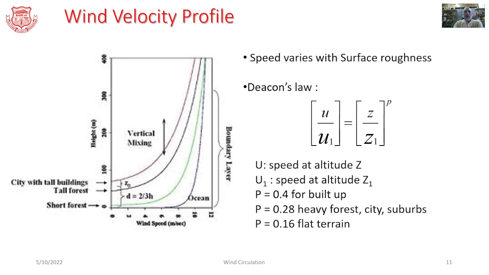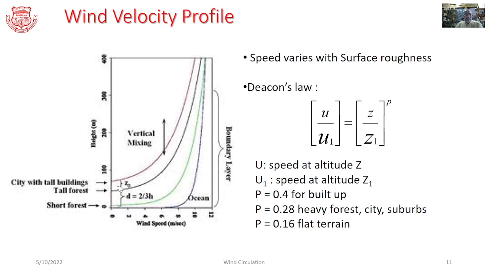However, as we think of the presence of structures, the presence of trees, the presence of some greenery, each of these leads to some typical situations that alter the wind velocity as well as its profile.